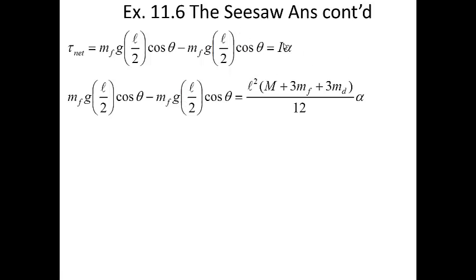From this step to this step, I just plugged in the I that we got in part A of the problem. So in terms of algebra, what should you do next? Well, I would cancel out the L's. And I would also multiply everything by 12.